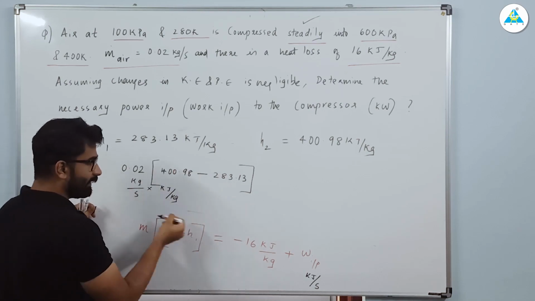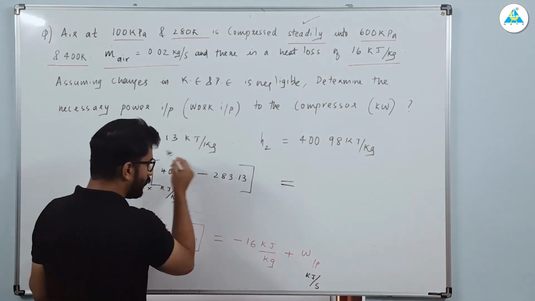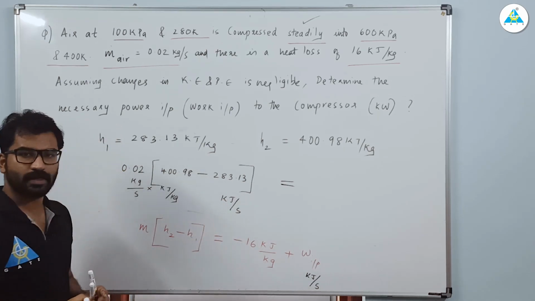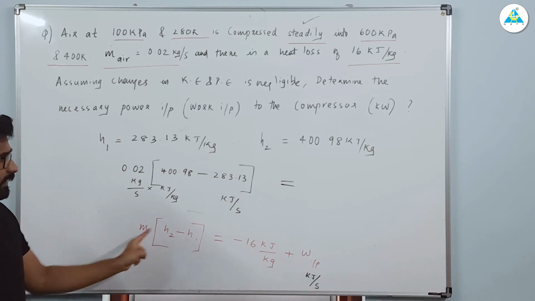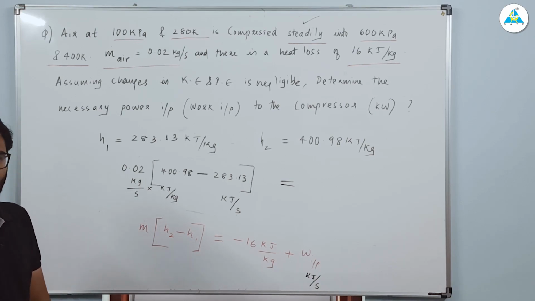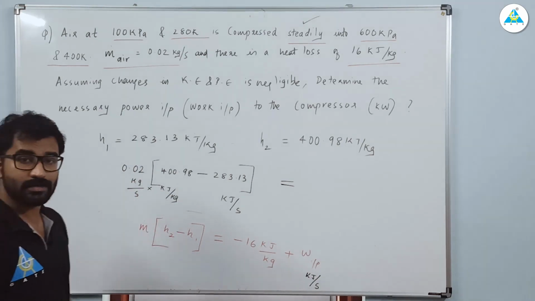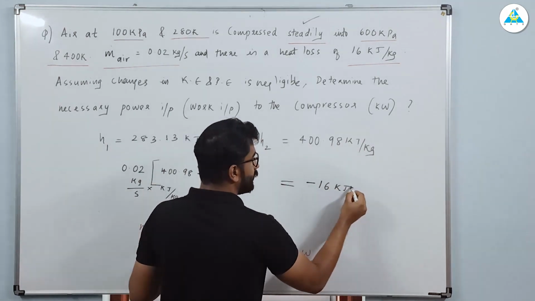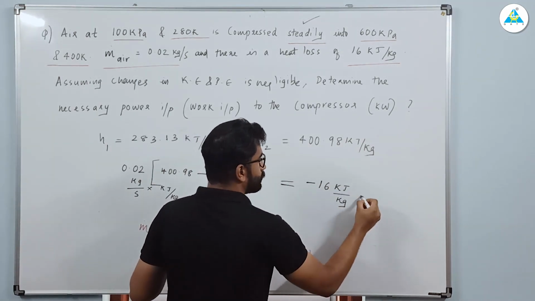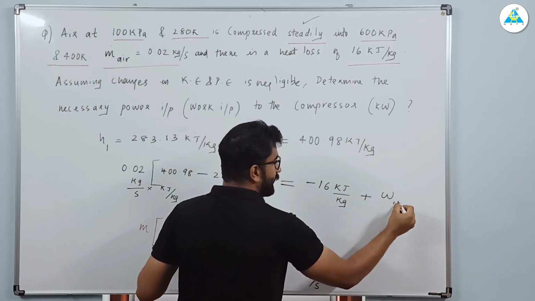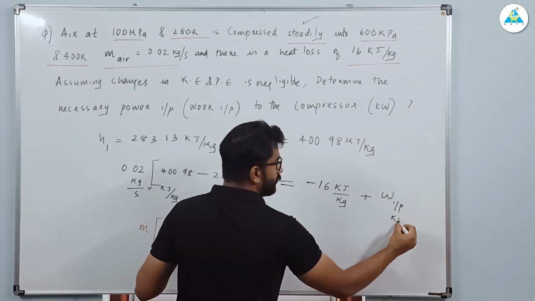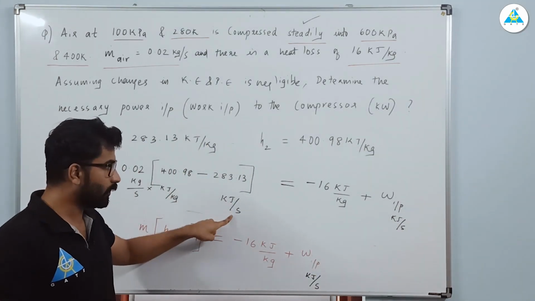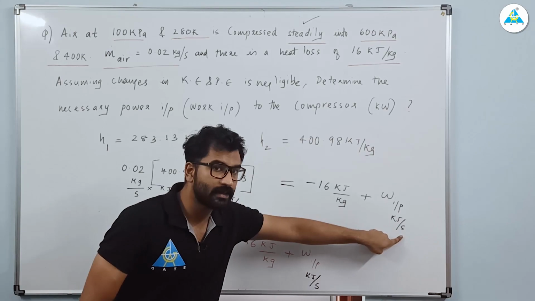So your left hand side, what will be the unit of this term? It will be kilojoule per second. No problem, right? This side is kilojoule per second. Now we will see the right hand side. Right hand side we have minus 16 in kilojoule per kg plus work input, which you need in kilojoule per second.